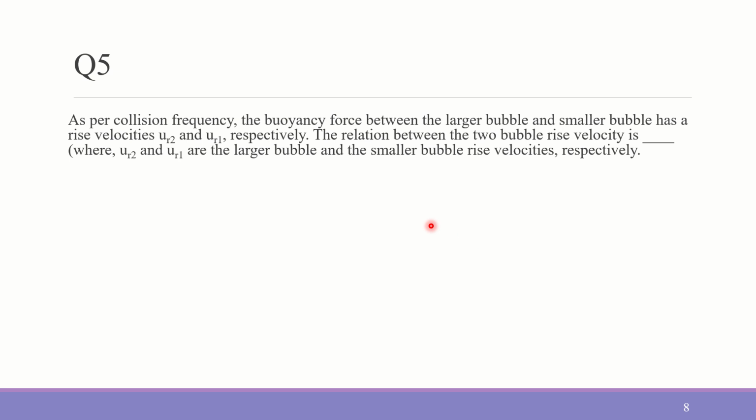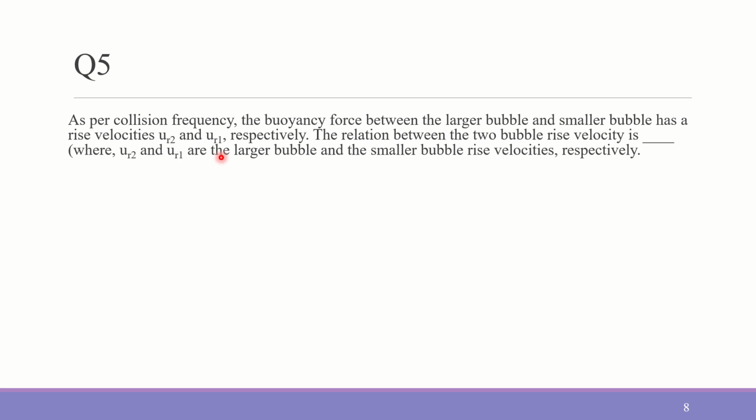Question 5, it is asked that as per collision frequency, the buoyancy force between the larger bubble and smaller bubble has rise velocities ur2 and ur1 respectively. The relation between two bubble rise velocities is dash, where ur2 and ur1 are the large bubble and small bubble rise velocities respectively. This one is similar to the last question.